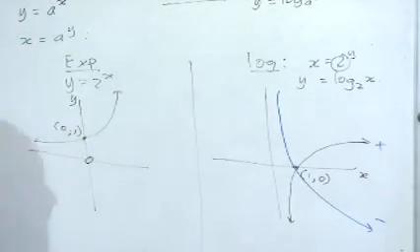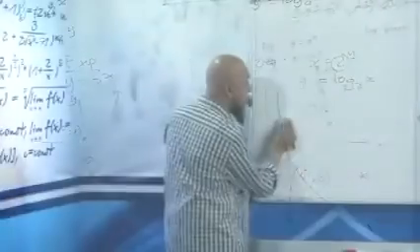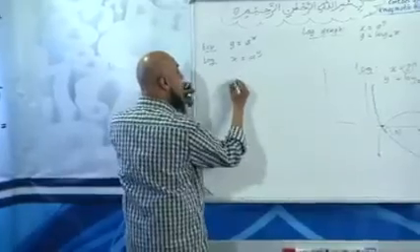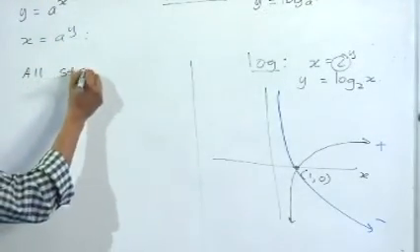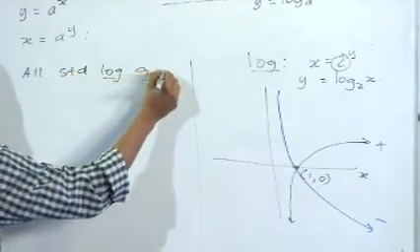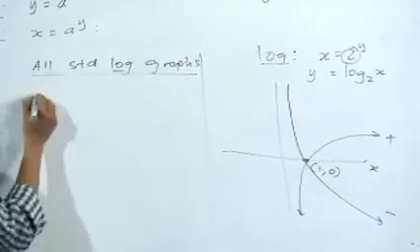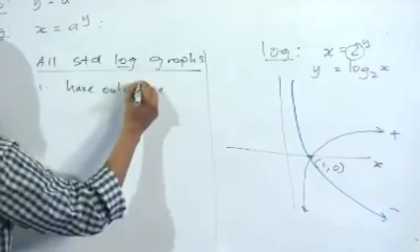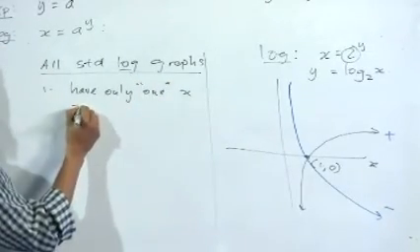So now let's do the theory with regard to the log graph. The theory with regard to the log graph is that all standard log graphs have only one x-intercept.